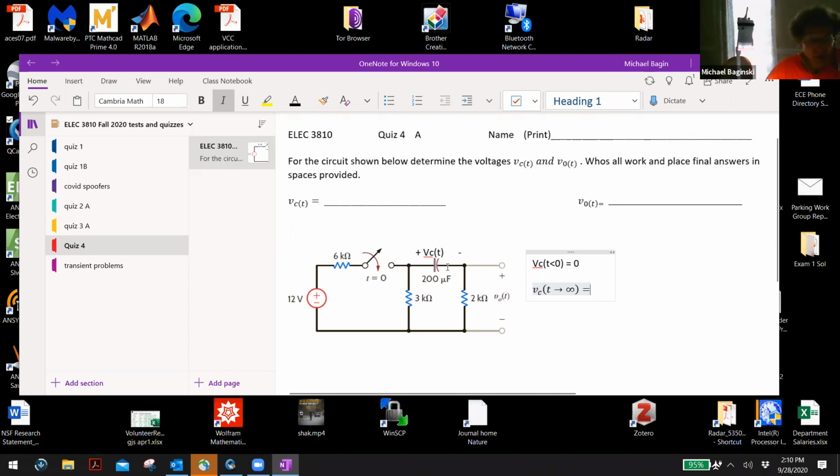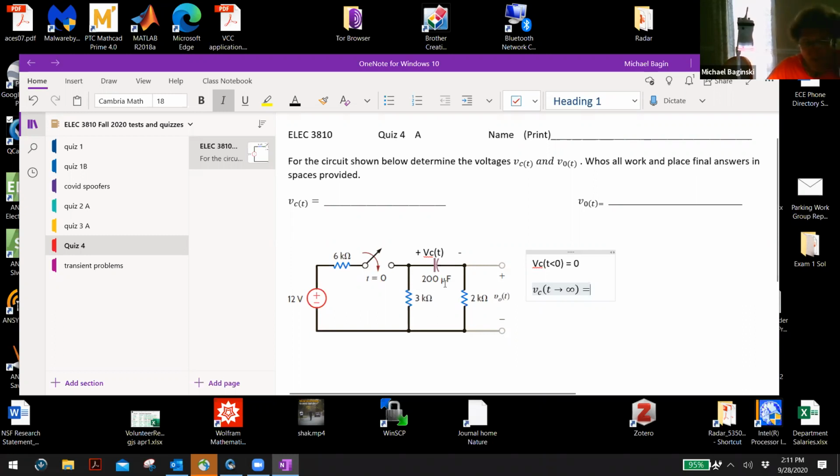If no current can flow through it, this resistor has no bearing on that voltage, does it? So that means this voltage is really the voltage across the 3K, isn't it? As T goes to infinity, what would the voltage across the 3K be?